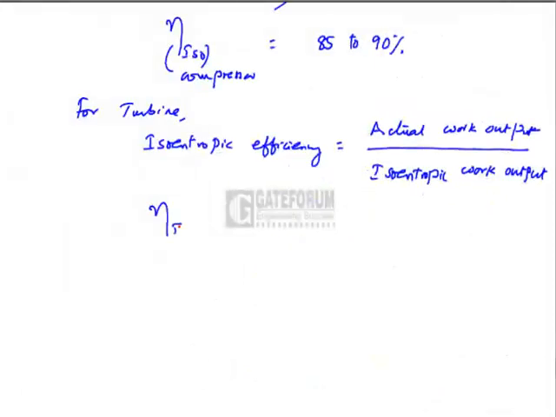Usually isentropic efficiency of the turbine is in the range of 90 to 95%. With the machine efficiencies taken into account, the actual thermal efficiency of the Joule cycle would be slightly lesser than the ideal Joule cycle thermal efficiency.